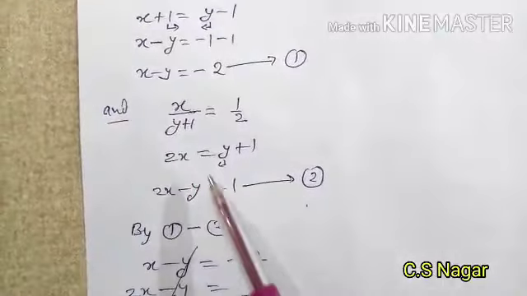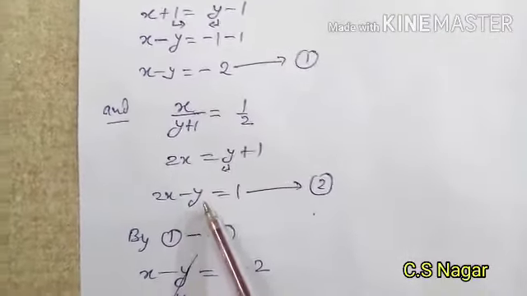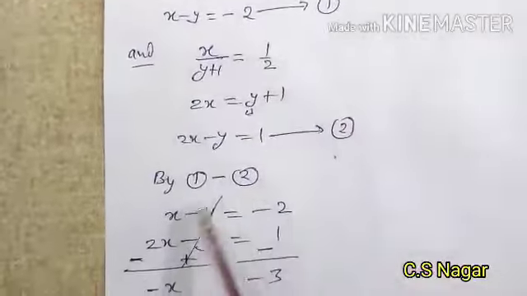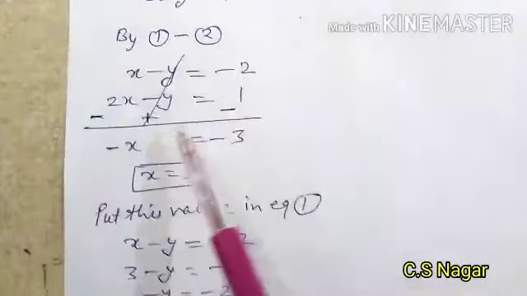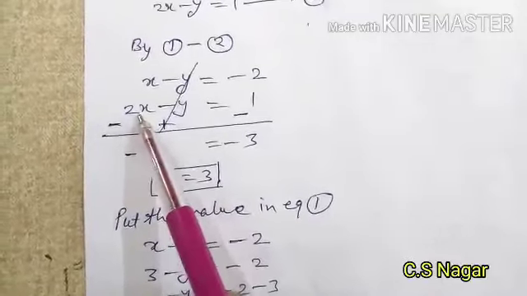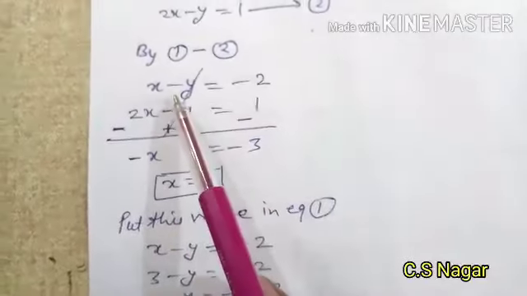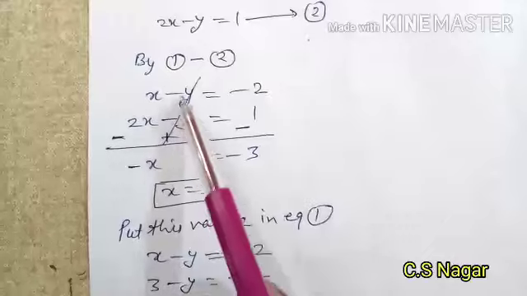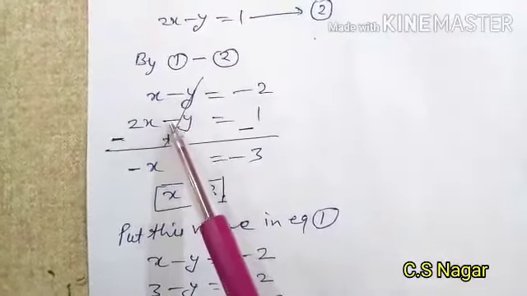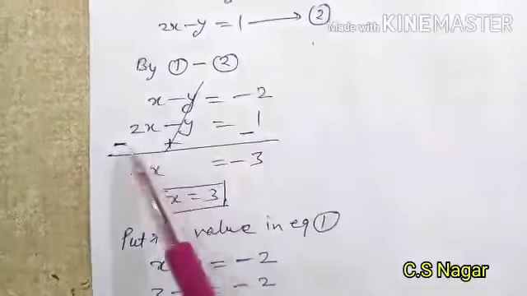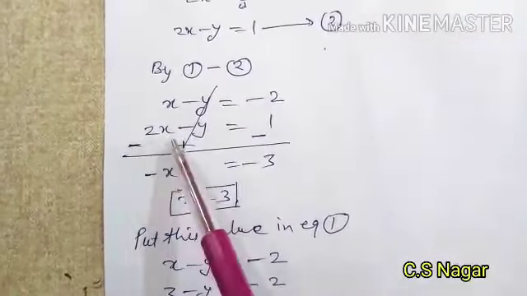So here we eliminate variable y. So by 1 minus 2, first write equation number 1, x minus y equal to minus 2, and second equation 2x minus y equal to 1. Since the coefficients of y are both equal and their signs are also the same, both are negative, so subtract these two equations. Change the sign of the second equation.